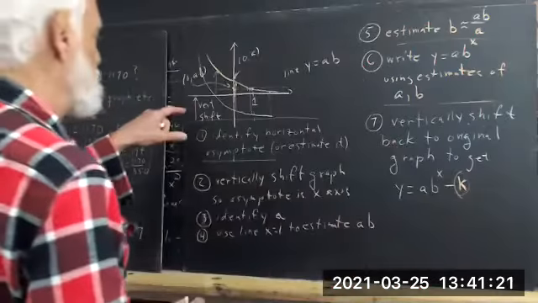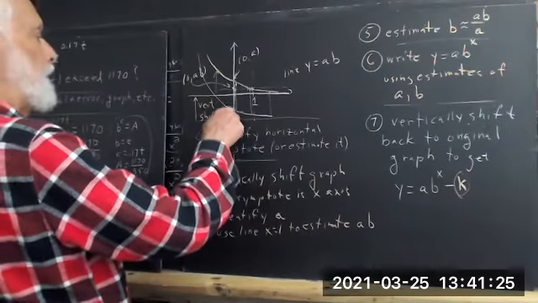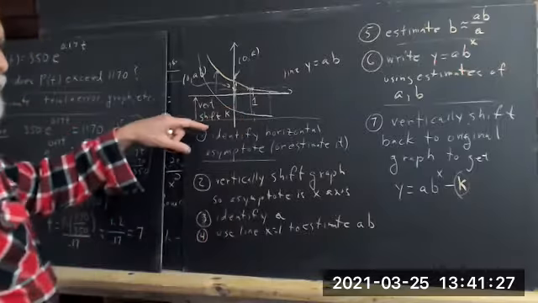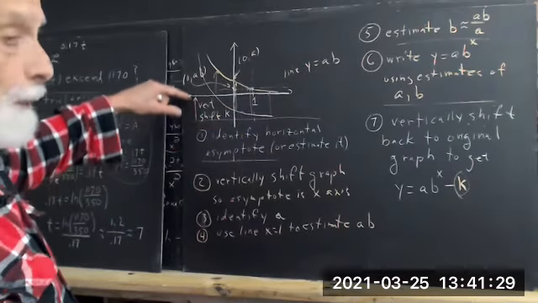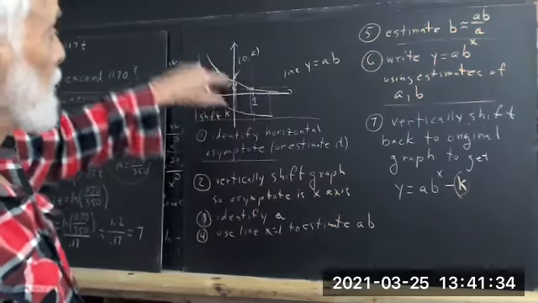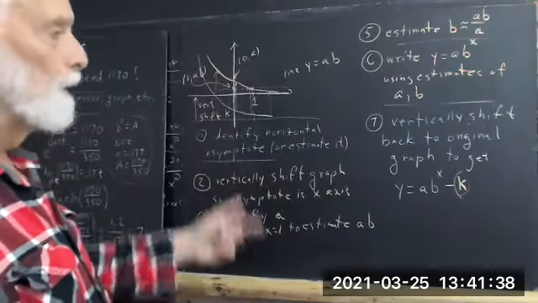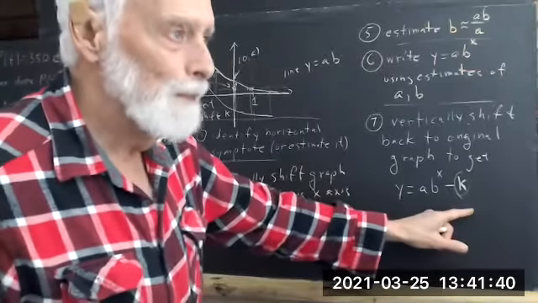I'll put k in orange. Your vertical shift is what we're going to mean by k. k is the vertical shift you needed to get from the white graph to the orange graph. So to get from the orange graph to the white graph, you're going to shift by negative k.